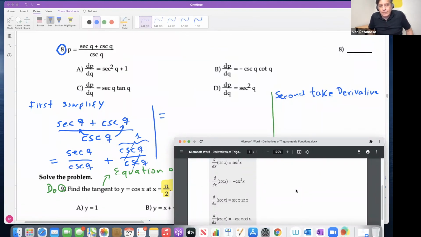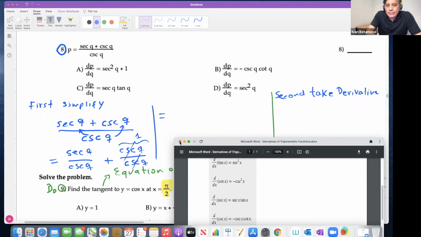Remember, secant is 1 over cosine, cosecant is 1 over sine. Very good, guys. Adriana, very good, excellent. Good job.